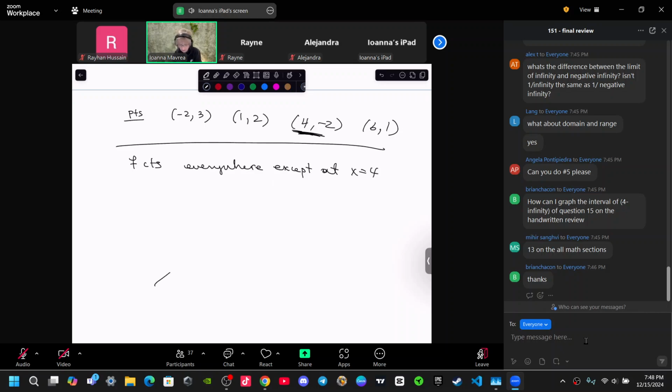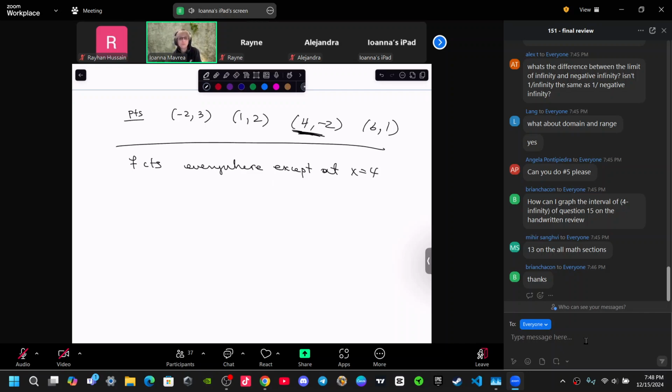I can make a function not continuous at 4, and then I can stick a point that has a 4 as coordinate. The function is clearly not continuous at 4, but I can do anything and still include a point with an x coordinate 4.